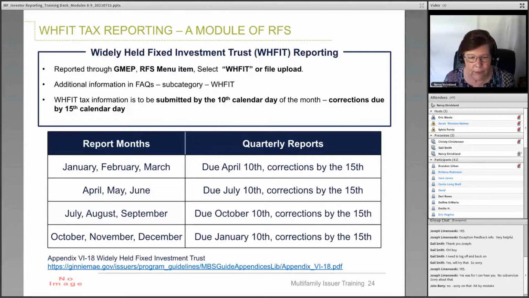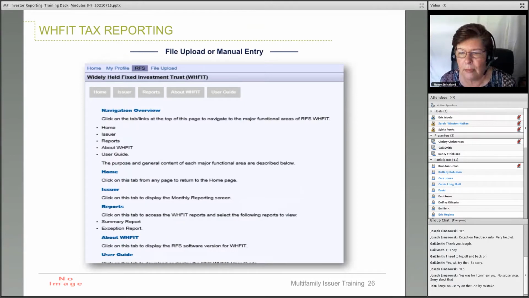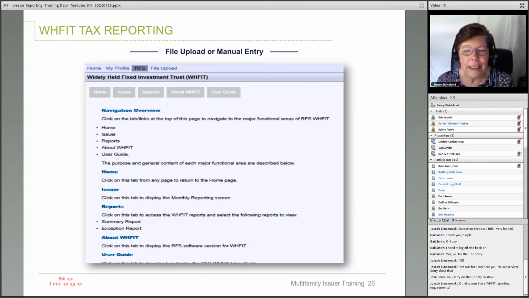To access WIFIT, you would hover over the RFS tab and it will open up to show there's a module for WIFIT. You may manually report data under the Issuer tab or use File Upload and select the radio button WIFIT files.